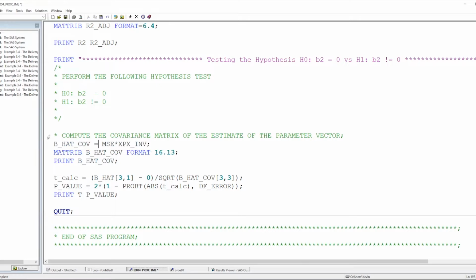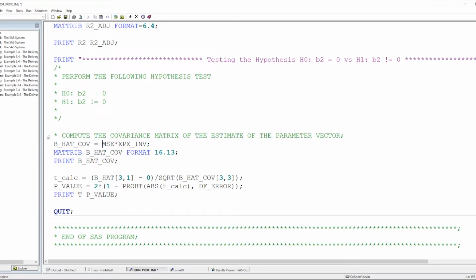Now, you'll recall from the textbook that the covariance matrix for beta hat is given by the point estimator for the variance of the error term in the model times the X prime X inverse matrix. Okay, and so that's the calculation that I'm doing here. I am constructing this 3x3 covariance matrix for beta hat.